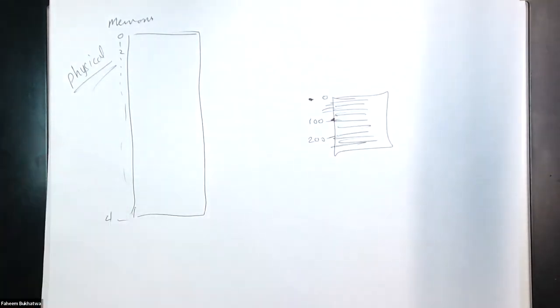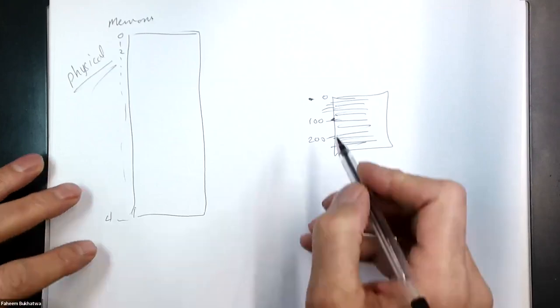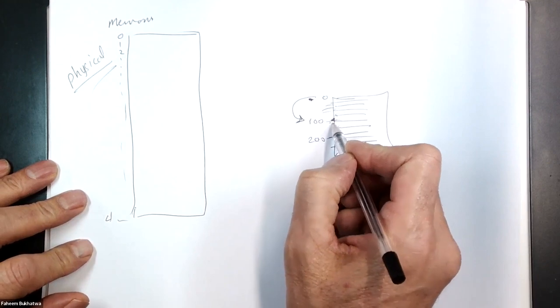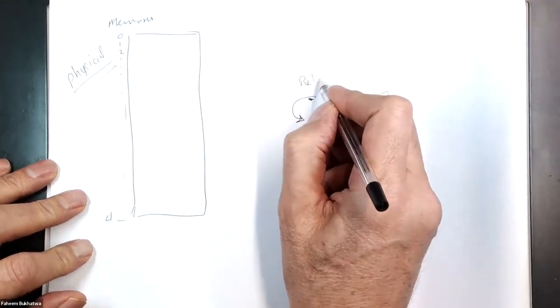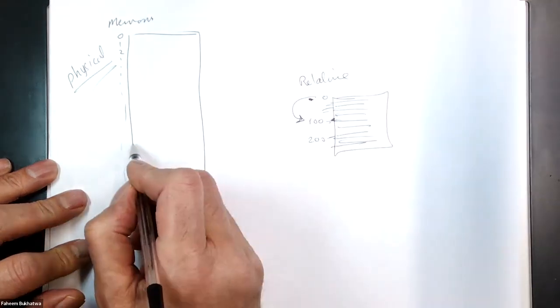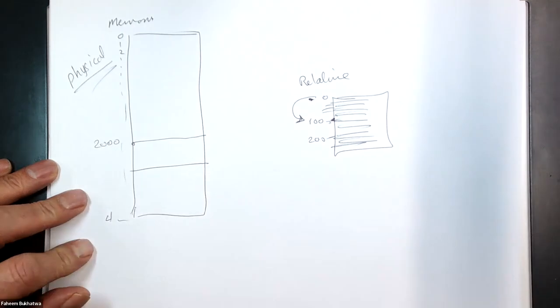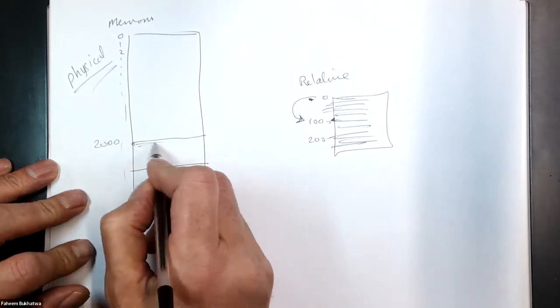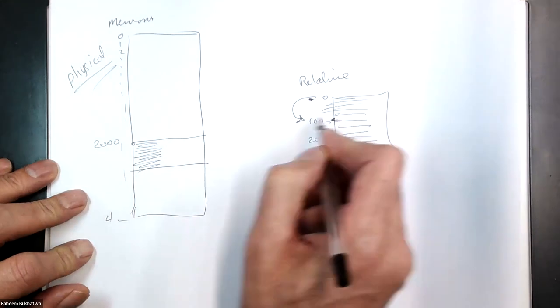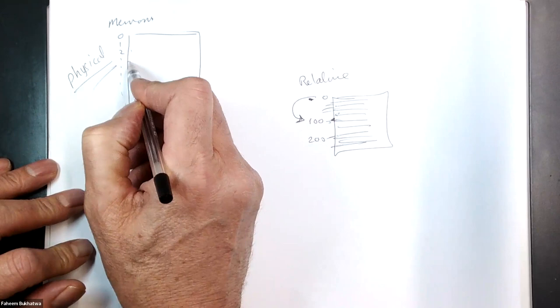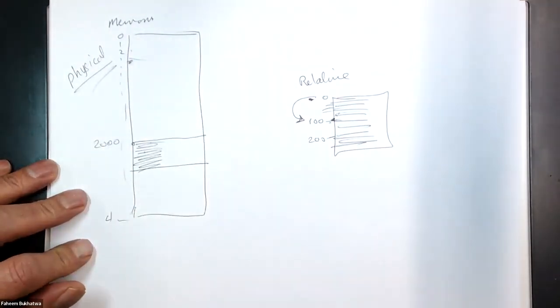So it's easier for every programmer to only worry about their code. Your address is always starting at your location 0. But if we put the code here at location 2000, for example, and the program says go to location 100, it doesn't mean 100 there, because that would be outside its code.